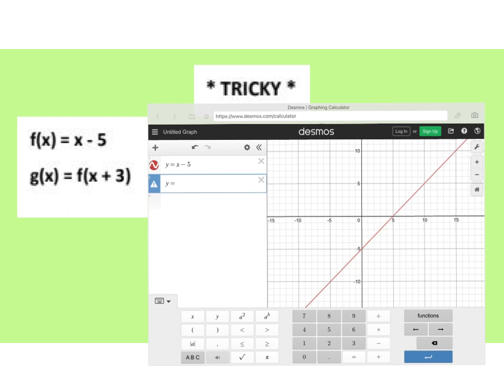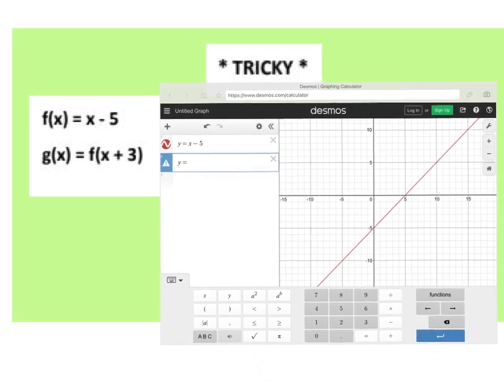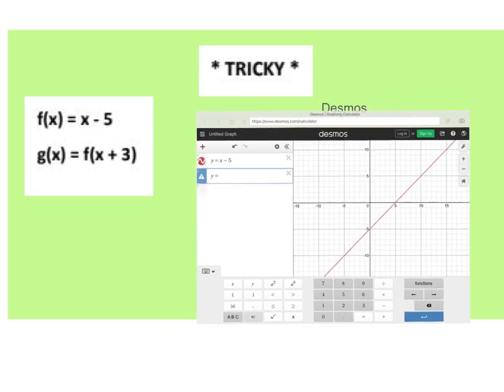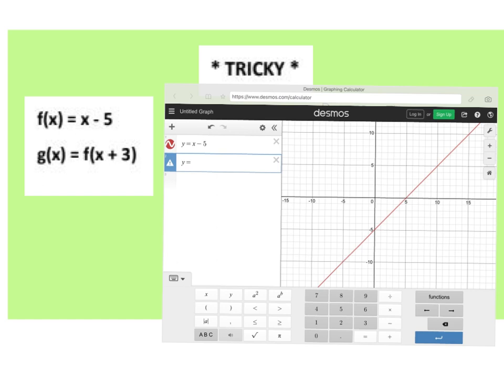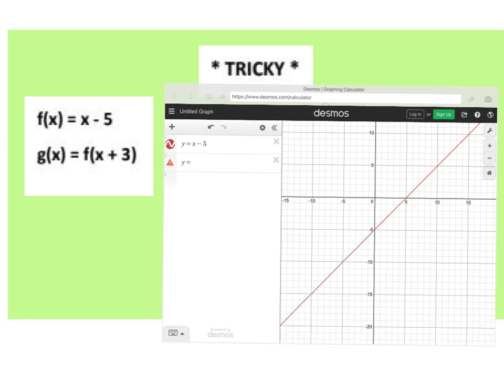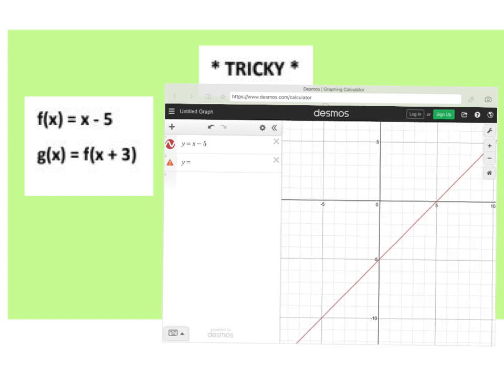If my estimation is correct, I would be going left 3 units. So let's see, 1, 2, 3. So here would be where our graph should intersect. Let's see what happens.